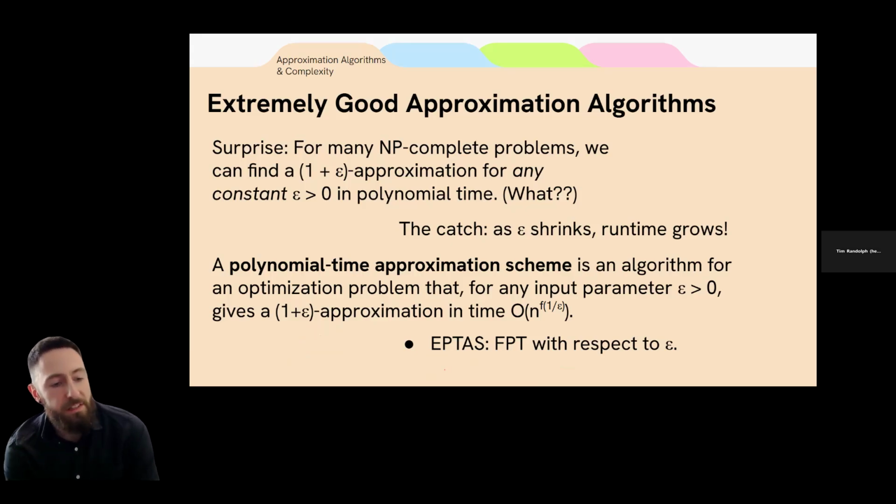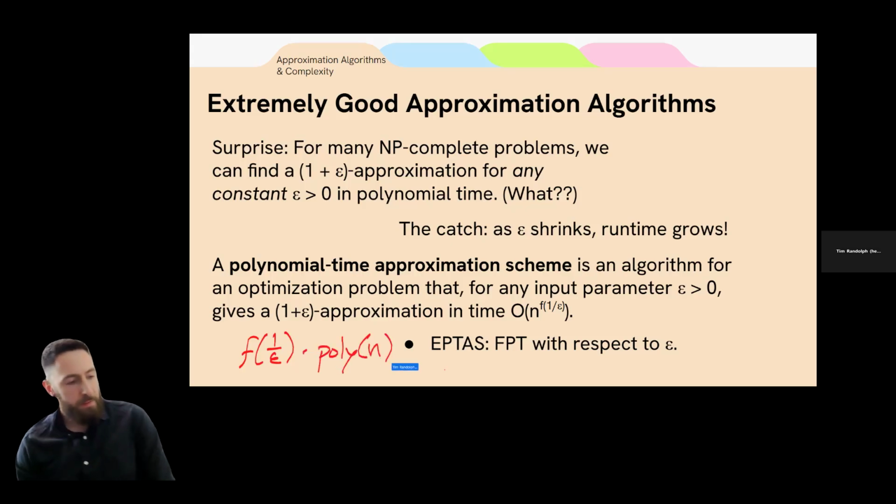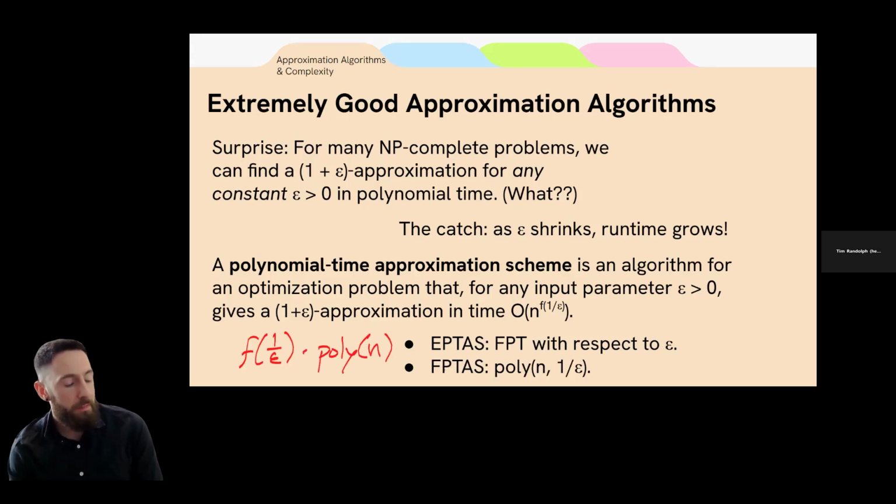If we treat epsilon as a parameter, these problems are fixed parameter tractable with respect to epsilon, which means they're going to run in time some function of 1 over epsilon times some polynomial in n. So as epsilon grows, it doesn't change the polynomial, although it still might grow super exponentially in 1 over epsilon.